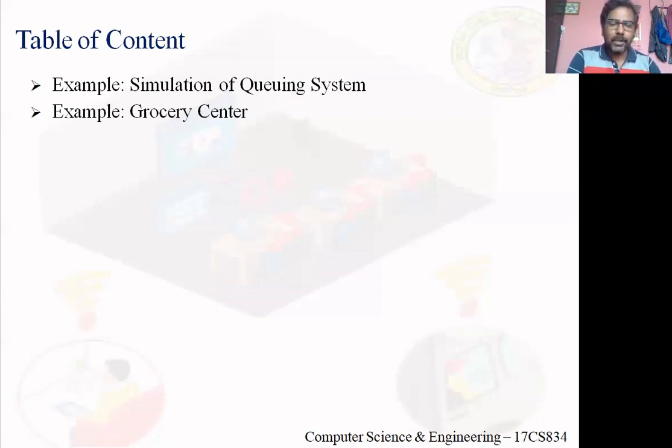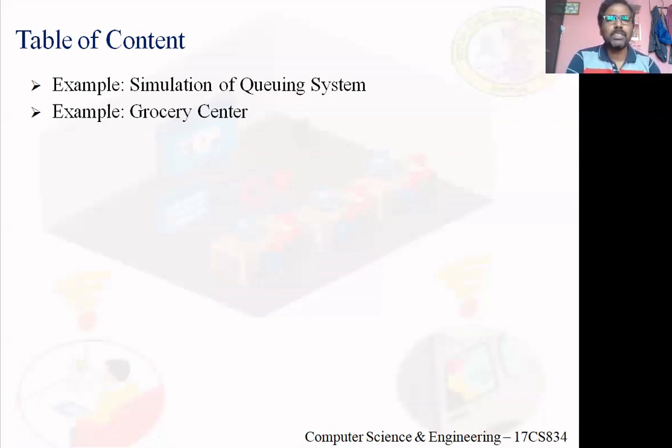In the first example, I am simulating for 6 customers, and I'll tell you the 5 inter-arrival times. Why 5 inter-arrival times and not 6? Because the first customer is assumed to arrive at time 0. There is no inter-arrival time for the first customer because no customer has arrived before. But for each of the 6 customers there are service times, so I'm going to give you 6 service times.